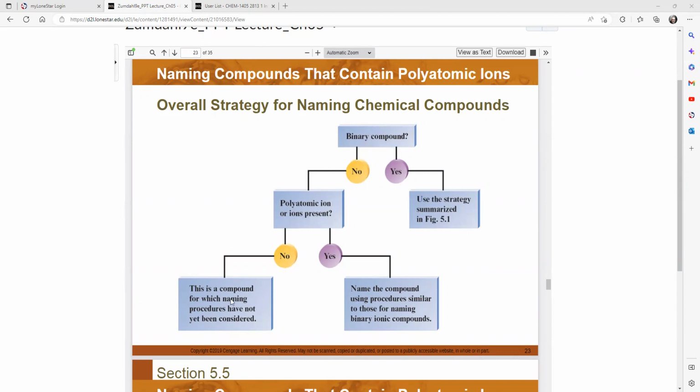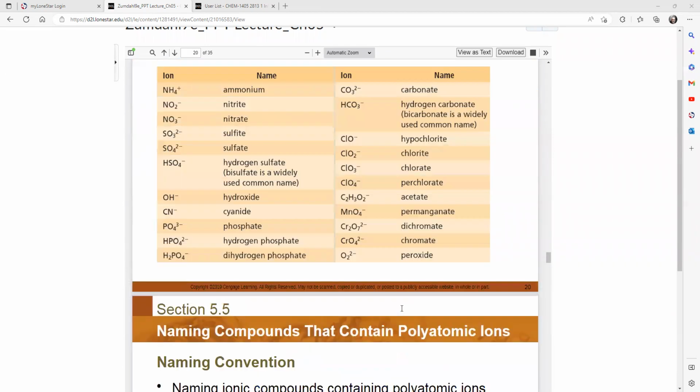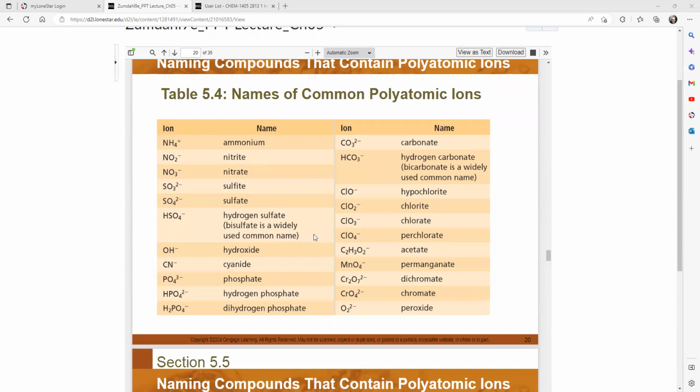If not, this is a compound for which naming procedures have not yet been considered. And if yes, then you have to use the procedure that we have studied for a binary compound, but using the name of the polyatomic ion in the table that we have seen here.